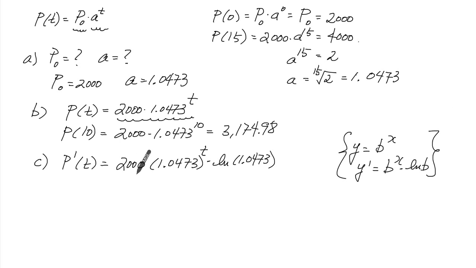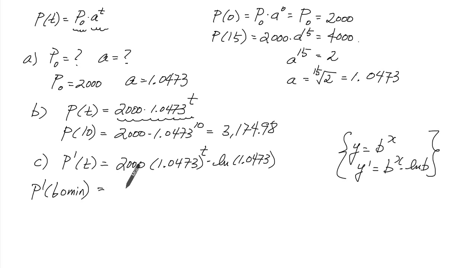Now that we have a functional form for the rate of change of the algae population, we can compute the rate at which the algae population is changing after 1 hour, or remember, 60 minutes.